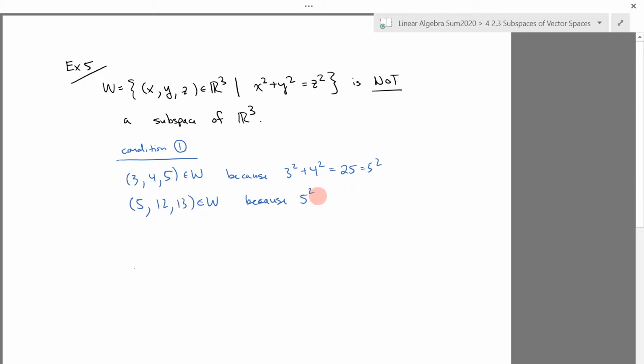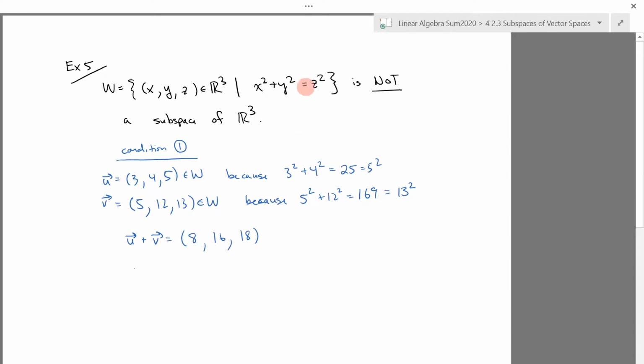If you do 5 squared plus 12 squared, this is 169, which is equal to 13 squared. Okay, so now we check the sum of these. Let's call this u and this v. So what about u plus v? 3 plus 5 is 8, 4 plus 12 is 16, and 5 plus 13 is 18.